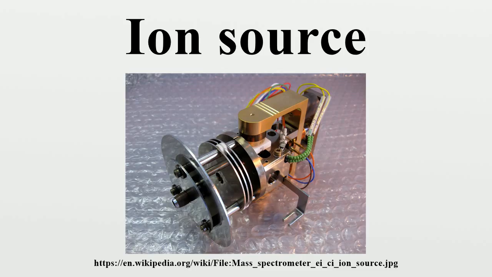A closed-drift ion source uses a radial magnetic field in an annular cavity in order to confine electrons for ionizing a gas. They are used for ion implantation and for space propulsion. Photoionization. Photoionization is the ionization process in which an ion is formed from the interaction of a photon with an atom or molecule.